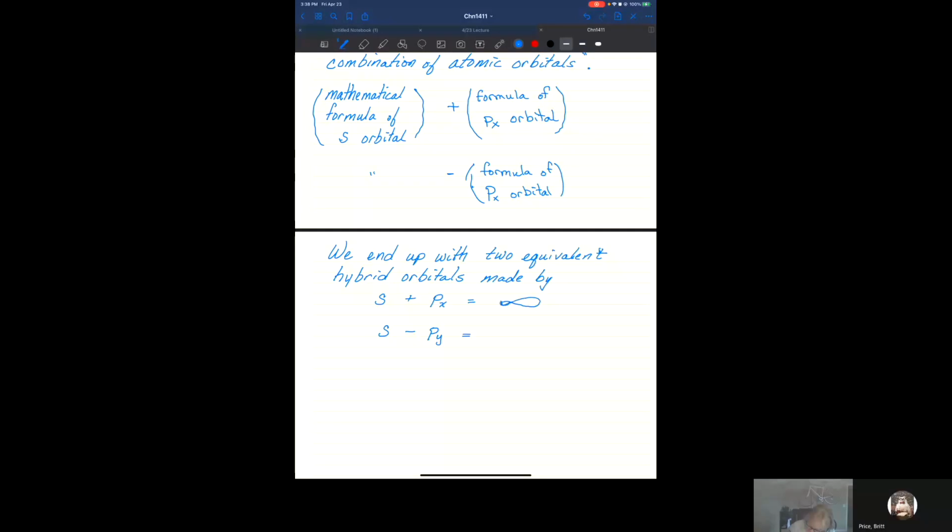We end up with a little itty bitty tail on one side, and most of the electron density has been extended or pushed along the x-axis.